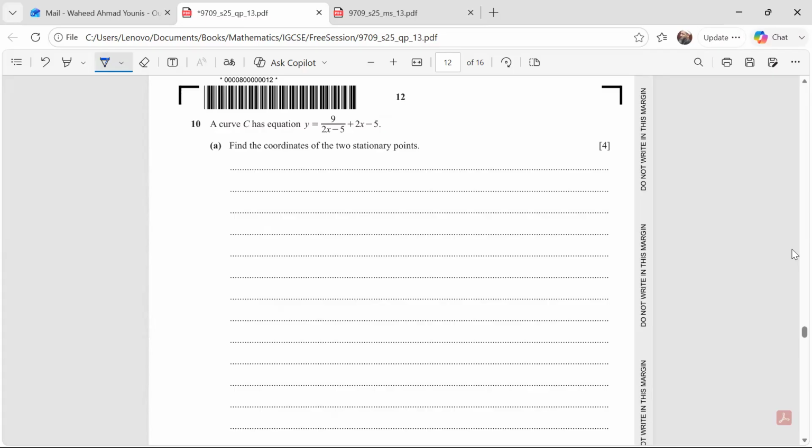So I will write this expression this way, that y is equal to 9 into (2x minus 5) power minus 1, plus 2x minus 5. Okay, so what is dy by dx, the derivative of this curve or function? It is going to be minus 1 times 9, is minus 9, into (2x minus 5) power minus 2, and the derivative of this term is 2, and plus 2 only, right?